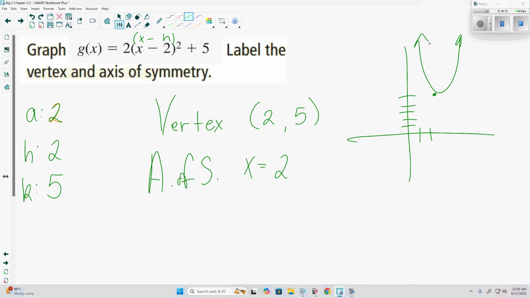Is there a value of x that would make this be 0? Make it cross the x-axis? No, there's no spot it crosses the x-axis, is there? No. So I know just from this understanding of the vertex, the fact that A is positive, it opens up, I have an idea and I have a picture of it. I have an understanding of what the solution should be or what they should look like.